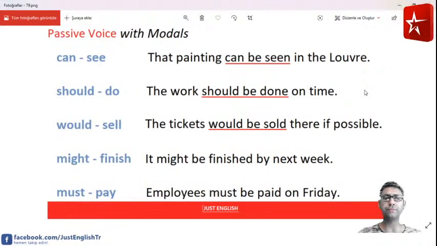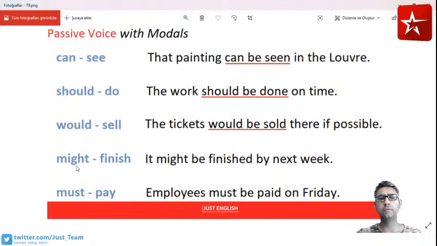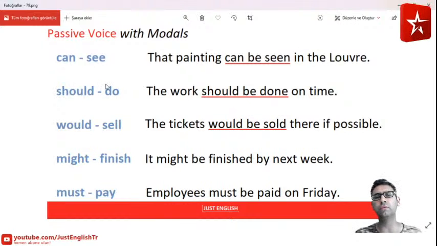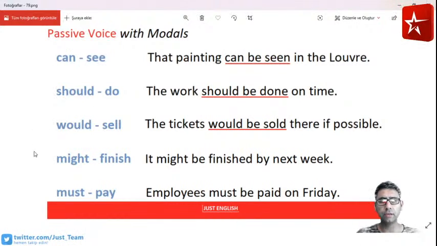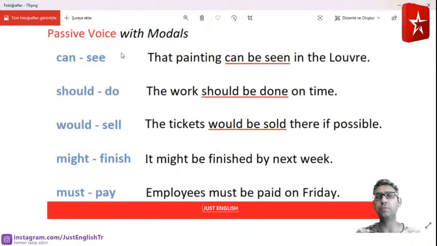And last two, finish and pay. Of course, you can use different verbs. You can create your own examples. Here we have modals, and here we have verbs. But you can use different verbs to create your own sentences. Okay, let's see. Might finish.